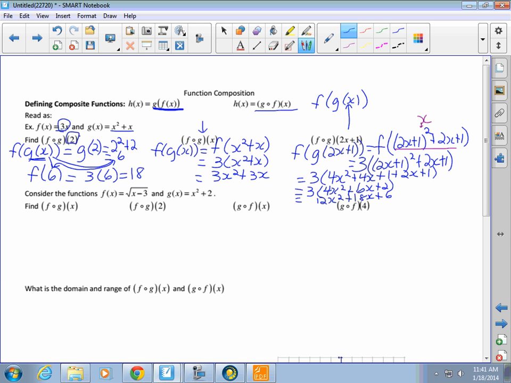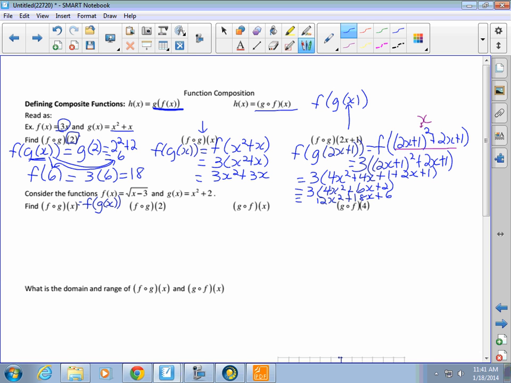Okay, so the next one says, consider the functions f of x is equal to square root of x minus 3 and g of x is equal to x squared plus 2. So the first one says to find the f dot g of x, which is also read as f of g of x. So if I write it out, it's a function of g of x.